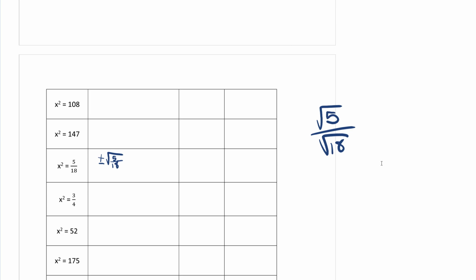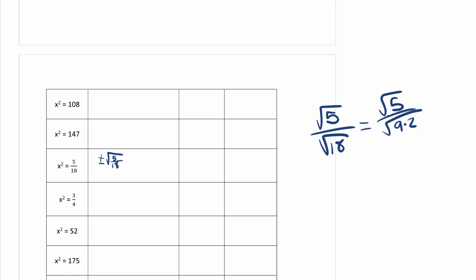Okay, so what square number goes into 5? Well, none of them. What square number goes into 18? Well, 9 does. Okay, so it turns out that this is equal to the square root of 5 over the square root of 9 times 2, because 9 times 2 is 18, right? When a radical is composed of two factors, or two numbers being multiplied together, you can actually take the radical of those two numbers separately.